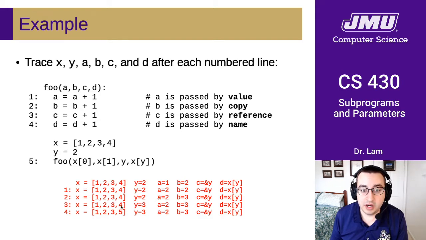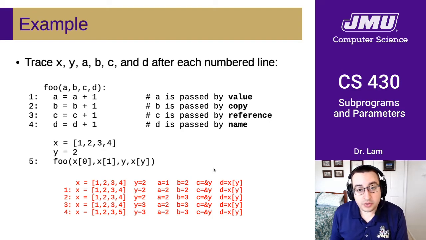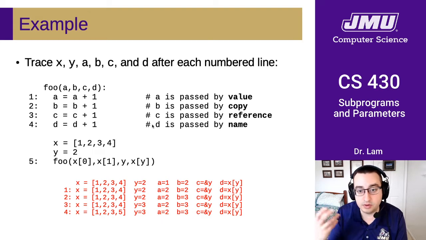So this 4 here turns into a 5. Note that this had nothing to do with the value of y when d was initialized, right? Because at that point, y would have been 2. So this is why pass by name is very tricky, because it's really just passing in program code or some sort of equivalent representation.